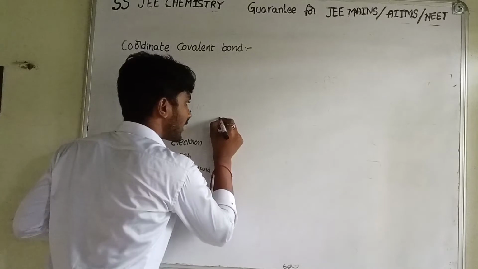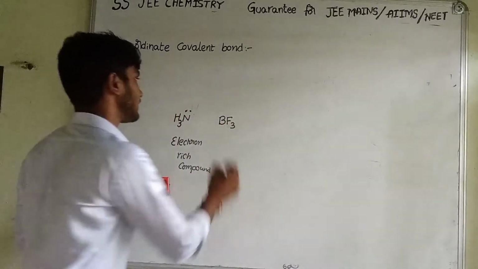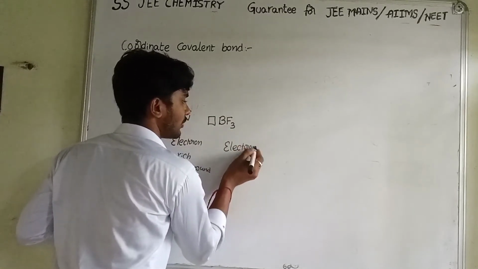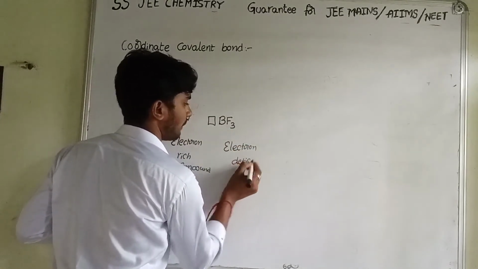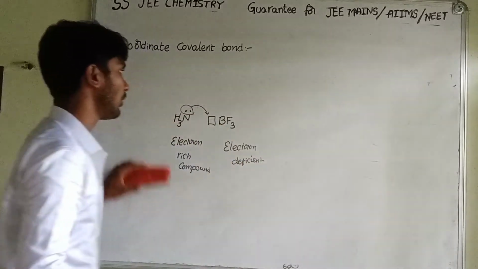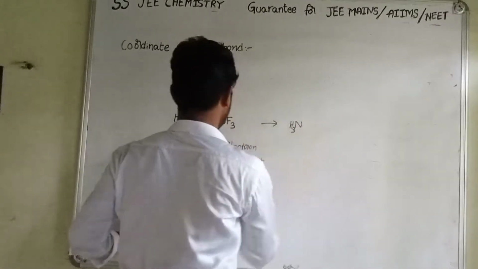And it is donated to where? To the BF3 molecule. BF3 is an electron deficient compound. This lone pair is donated to the electron deficient compound and forms a bond. Which bond is it? Sharing from electron rich to electron deficient.